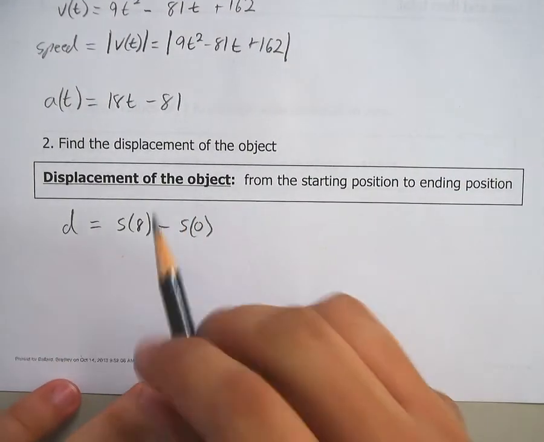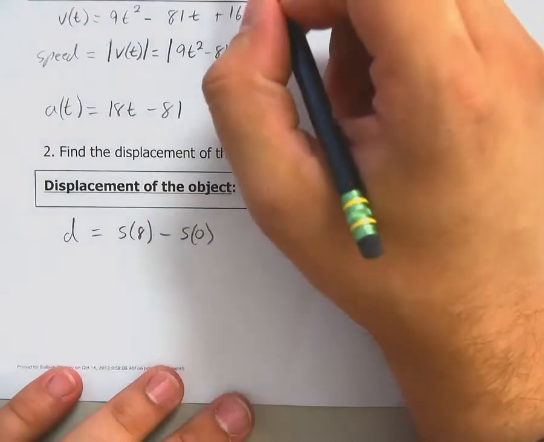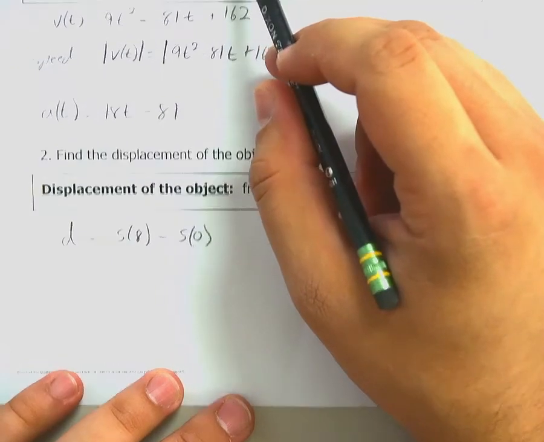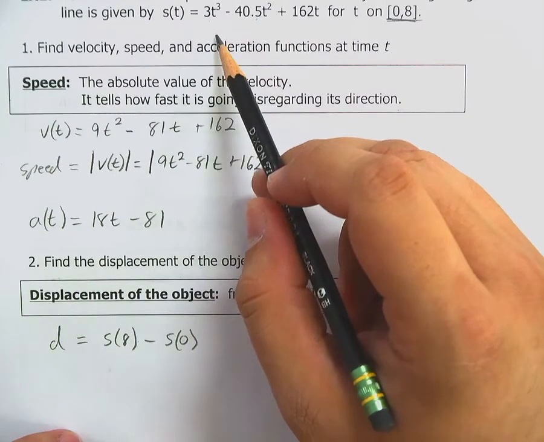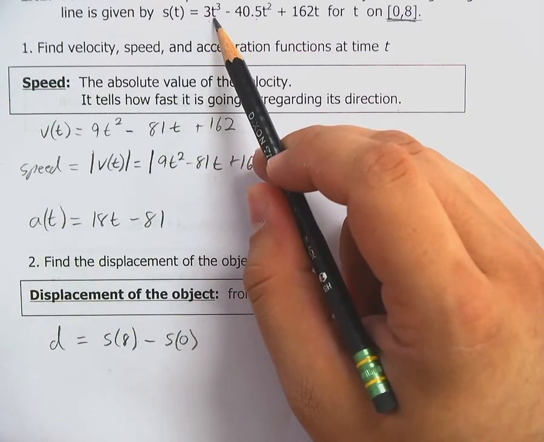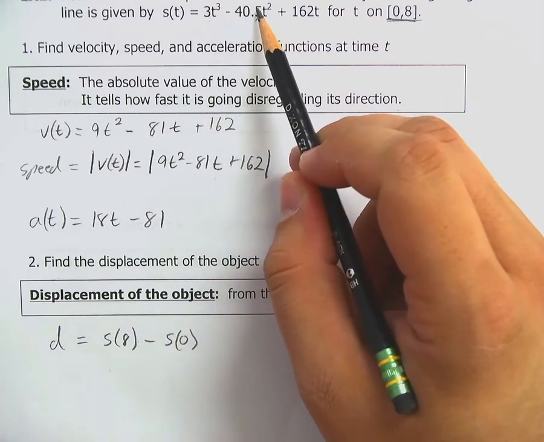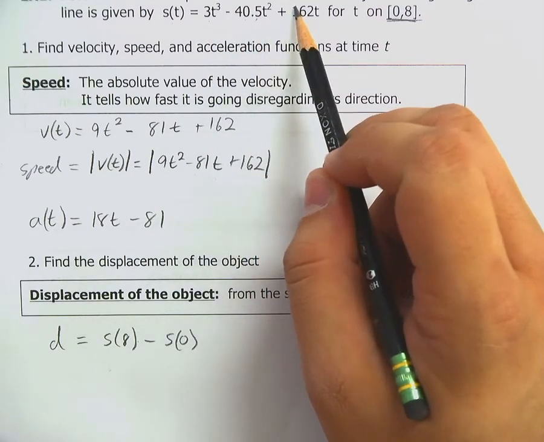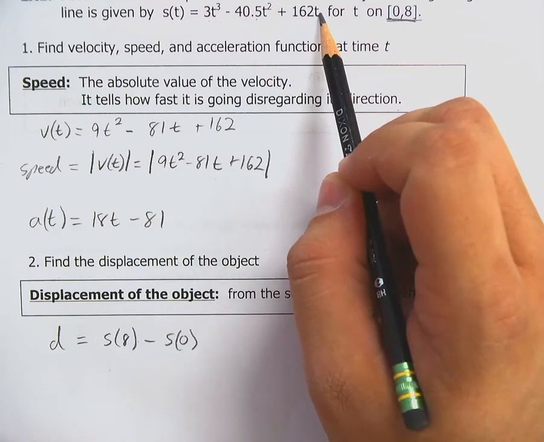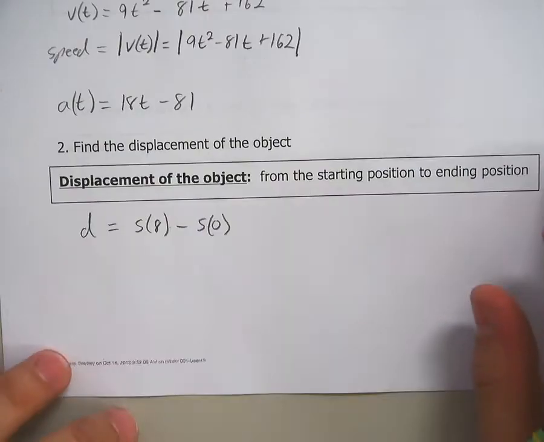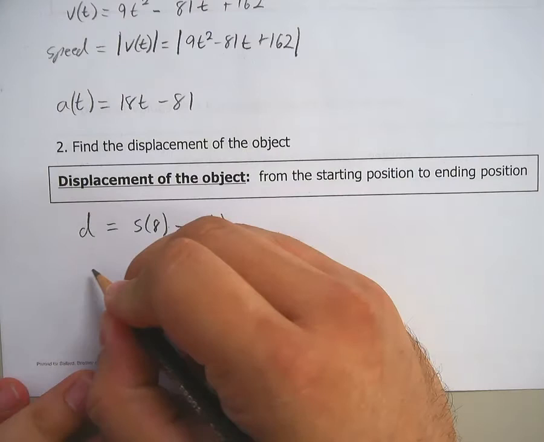So if we plug an 8 in up here into our original function, there he is. So 3 times 8 cubed minus 40.5 times 8 squared plus 162 times 8. If we plug that in there, then we end up with 240.